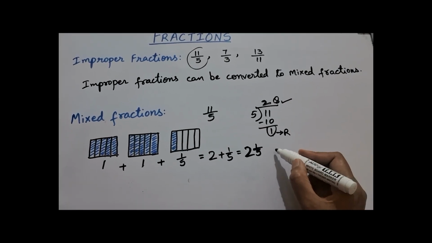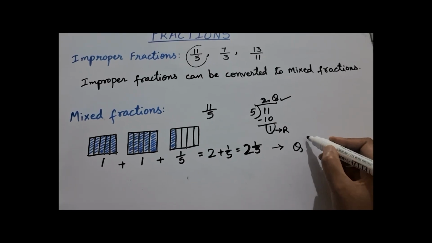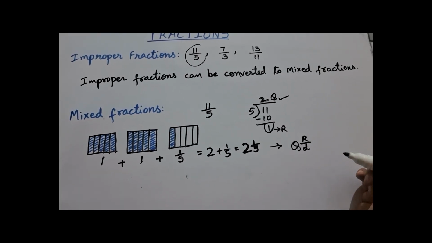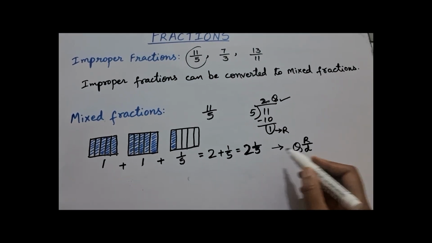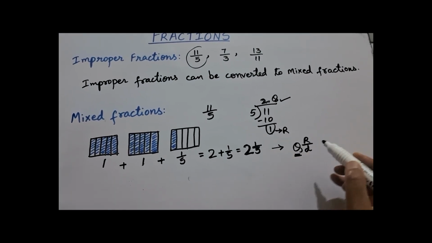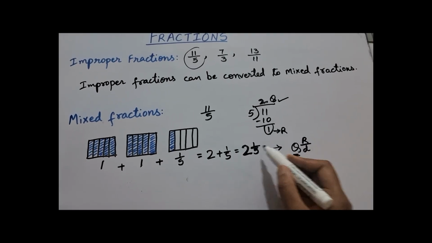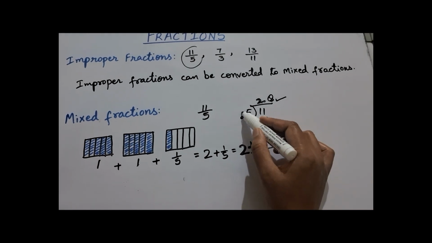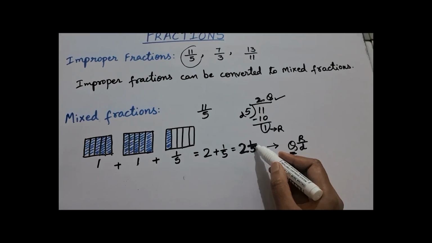That means here, first we have to write quotient, remainder by divisor. Here quotient is 2, so in the quotient place you write 2, and remainder is 1, so in the remainder place you write 1, and divisor is 5, so in the divisor place write 5.